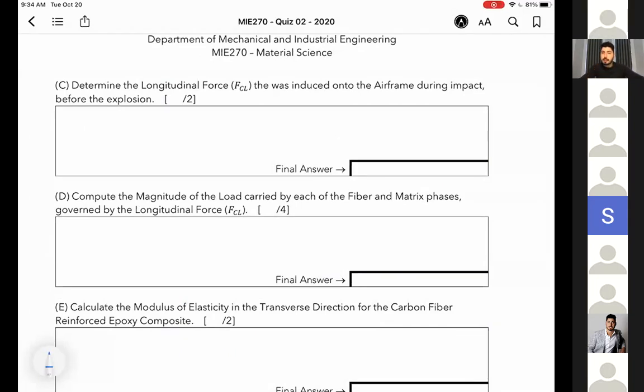FC equals FM plus FF. No, not necessarily, because we don't have FM or FF. Sigma CL is equal to force CL divided by area CL. Yes, that is a good way to do it.